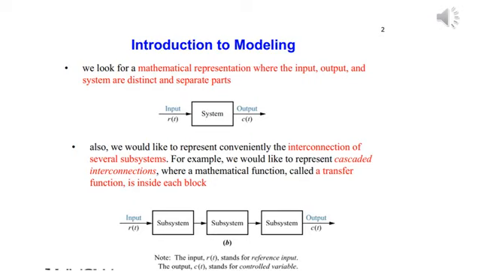U of t is a unit step function that starts from time t equal to 0 and is present till t tends to infinity. So delta t and u of t are the two most common inputs. Other common inputs are the ramp or unit ramp, and another possible input is the exponential, e raised to the power minus alpha t.